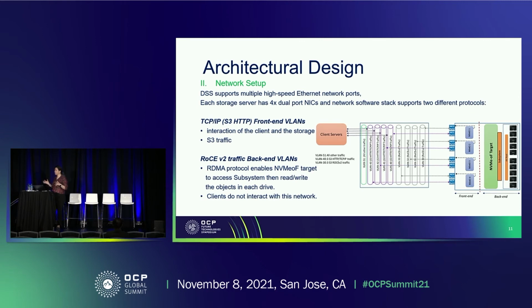The second part of our design is the network setup. Each of our storage servers has 4 dual port NICs, and the network stack supports two different protocols. On the front end, where the application interacts with MinIO, is our S3 traffic, which is basically the TCP/IP S3 front end VLAN.